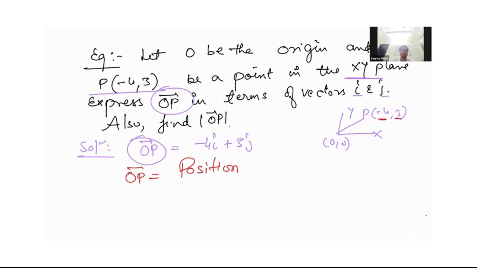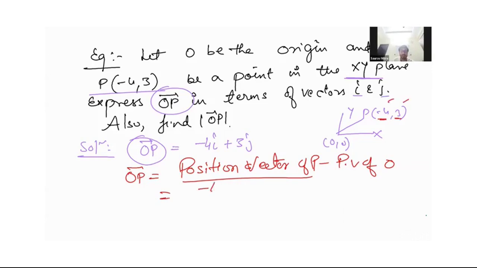Now the OP vector can also be decoded like this: position vector of P minus position vector of O. The position vector of P, since it is in the xy plane, we write as minus 4i plus 3j. It should be written in vector notation, since minus 4 comma 3 represents the Cartesian plane, but if you introduce i and j, that is the vector representation.